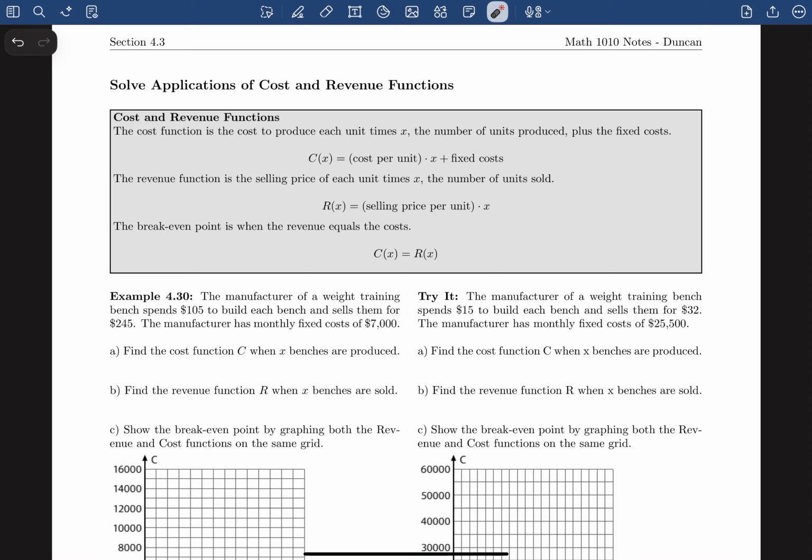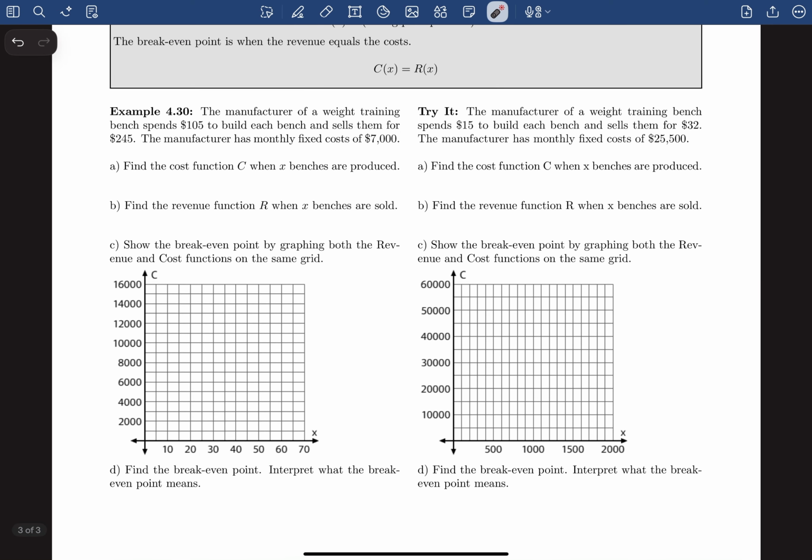X. And there's one last thing, if we want to know if we're making a profit or not, then what we can do is set these two equations equal to each other to find the break-even point, where I turn losses into gains when it comes to profits. Okay, so the break-even point is when the revenue equals the costs, when these two functions equal each other. And this will take on meaning as we look at our last example for today.